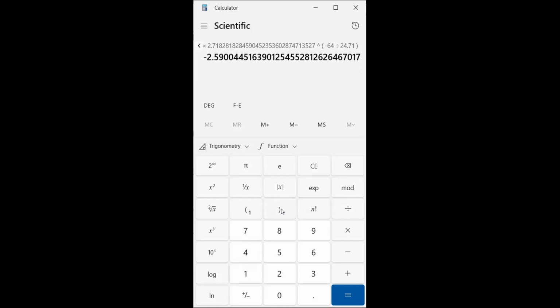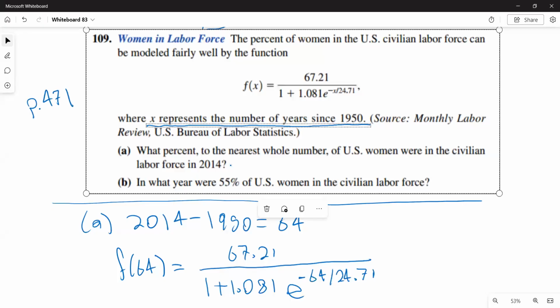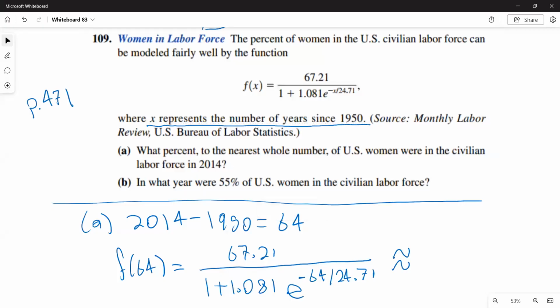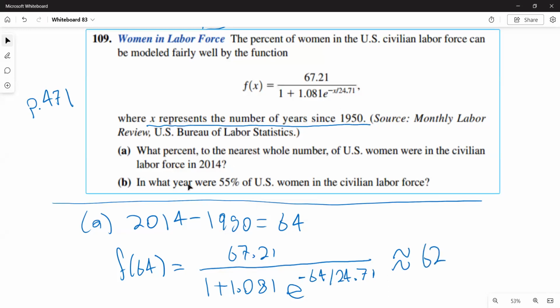So let's close parentheses. So that's approximately 62%. Or about 62%.